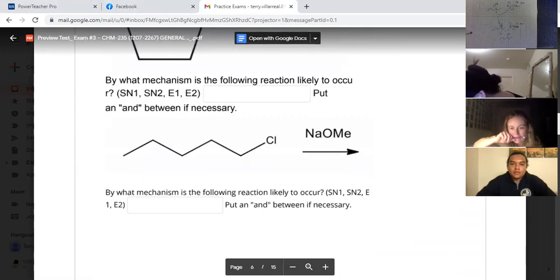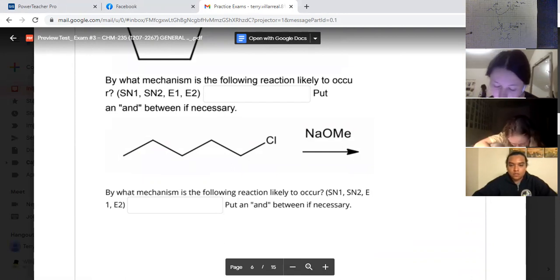Okay, based on this reaction, what type of reaction is likely to occur? SN1, SN2, E1, E2. If there's multiple possibilities, just think through it.